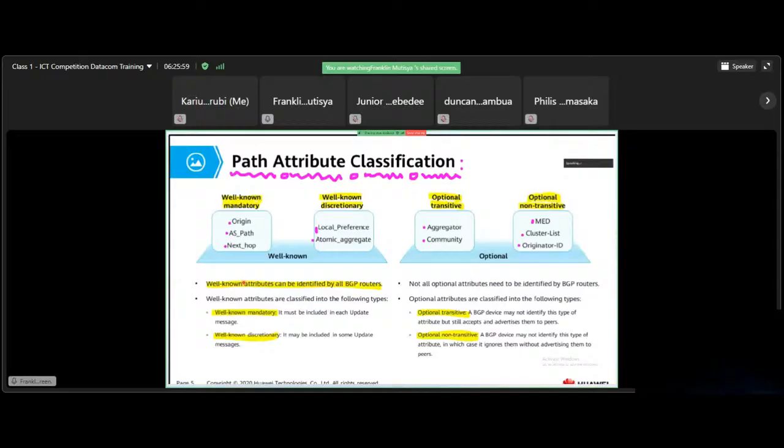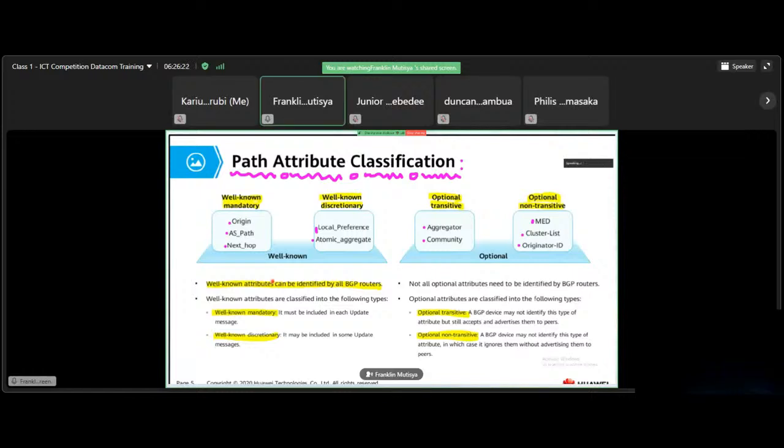Now, attributes are going to be distributed in these categories. Two major ones: well-known attributes and optional attributes.